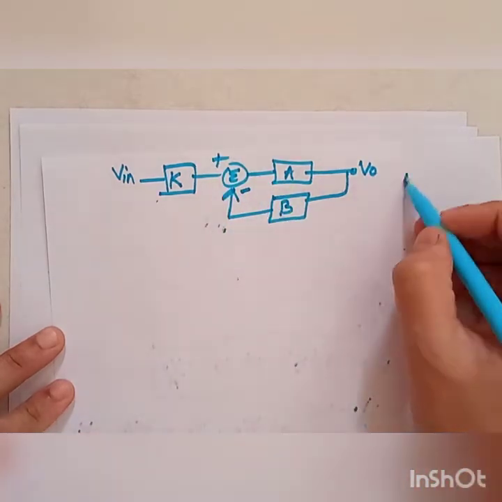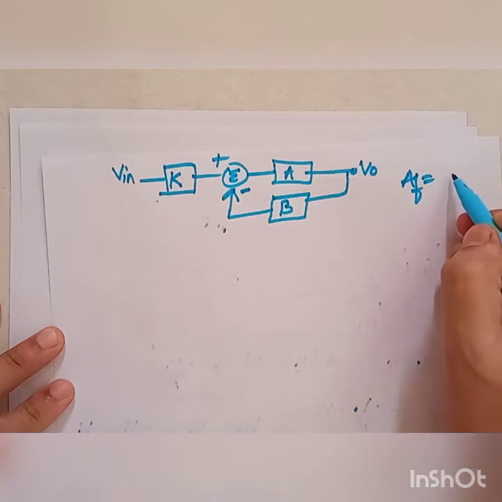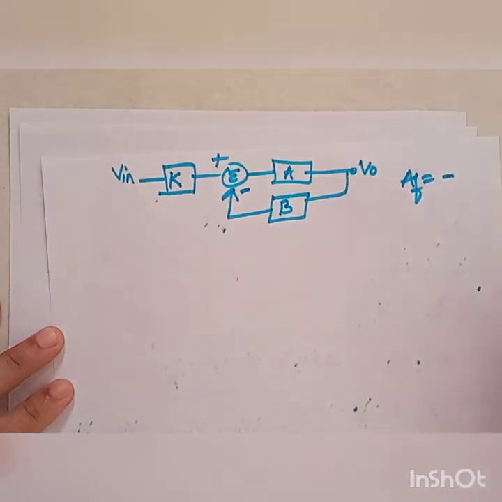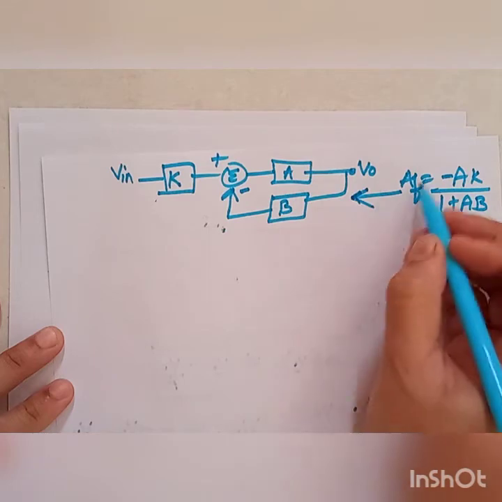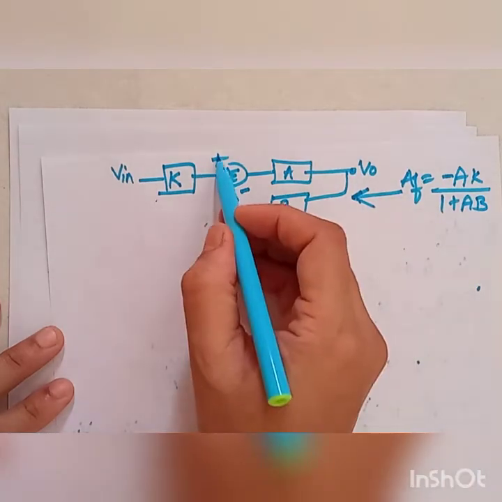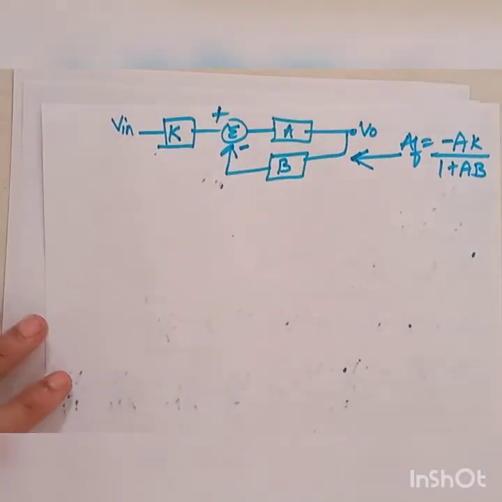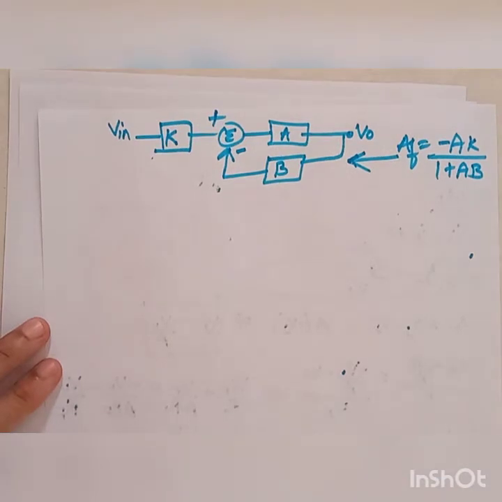So AF is equal to minus A K over 1 plus A B, the formula you got here. So this is the implementation of this AF. This is all about your derivation of AF.